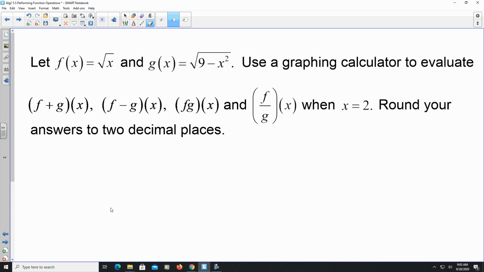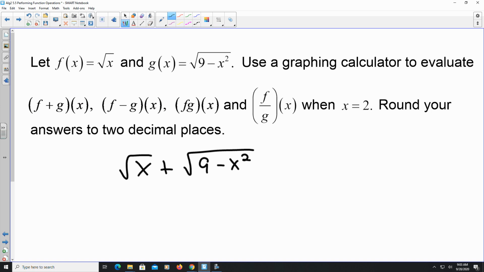Let's do the plus one. So we go square root of x plus the square root of 9 minus x squared. Well, looking at it, there's nothing in common. So actually, let's take a look at it on a graphing calculator.